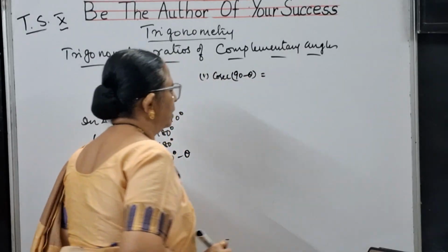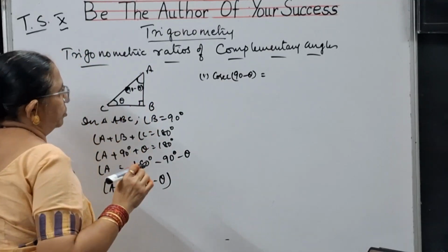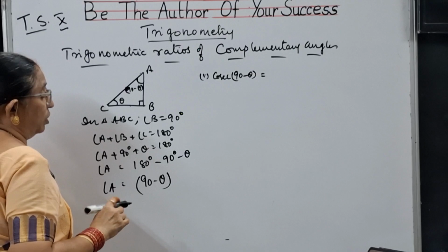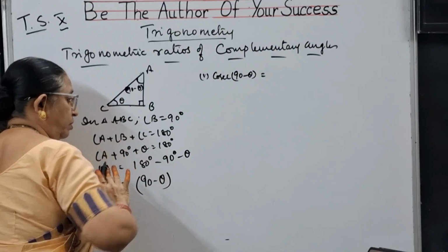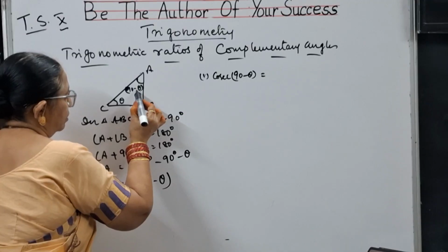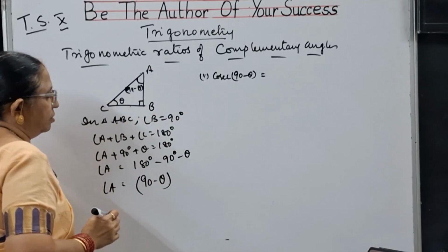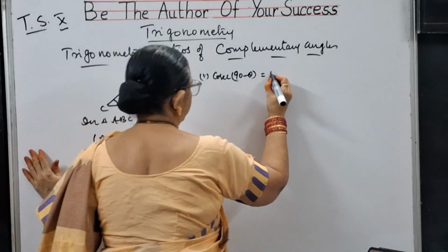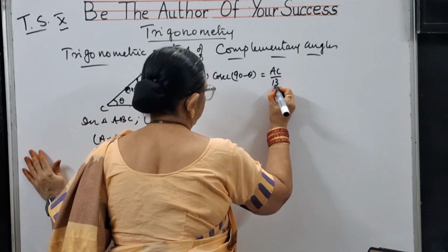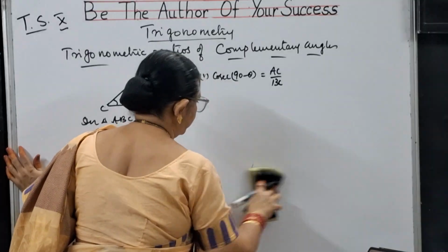Actually, what is cosecant theta? It is reciprocal of sine theta. Sine theta is opposite side by hypotenuse. So now you have to go for hypotenuse by opposite side. So for 90 minus theta, hypotenuse is AC, opposite side is BC. So AC by BC. So what is this AC by BC, children?